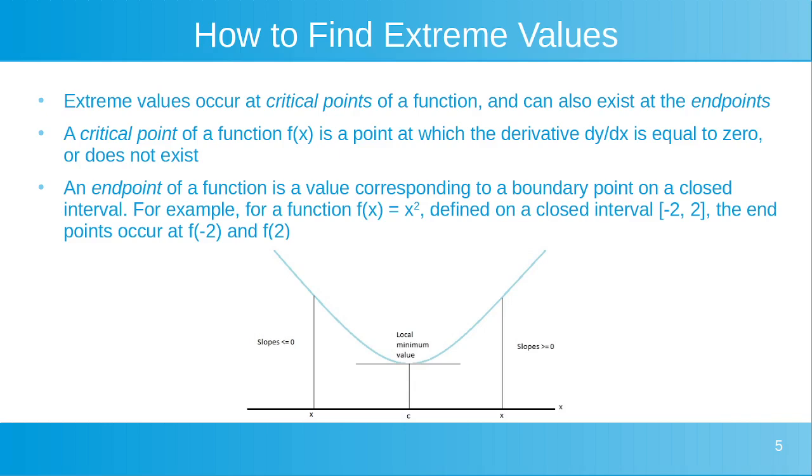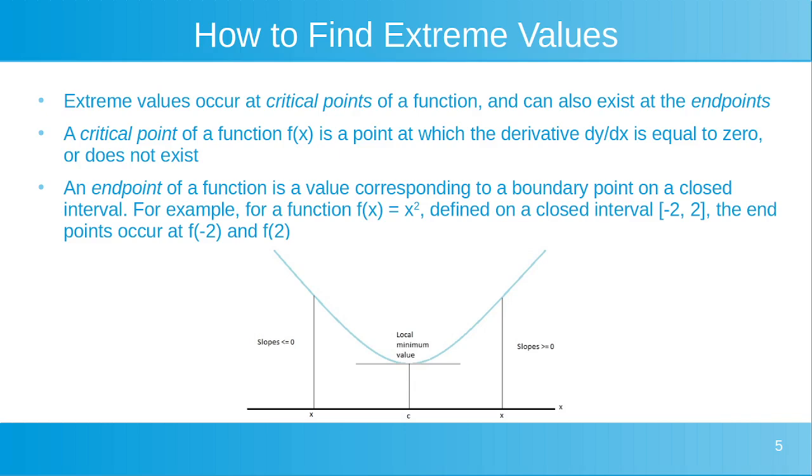So that corresponds to the function having a negative derivative in the area of the chart on the left-hand side, and a positive derivative on the area of the chart towards the right-hand side.